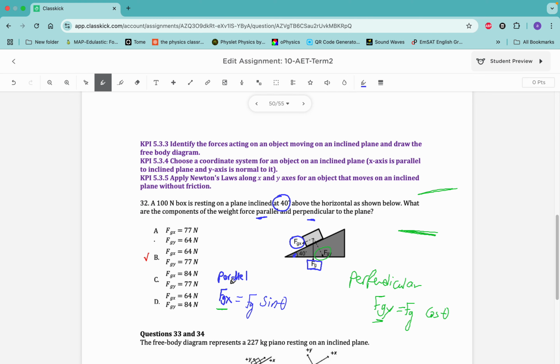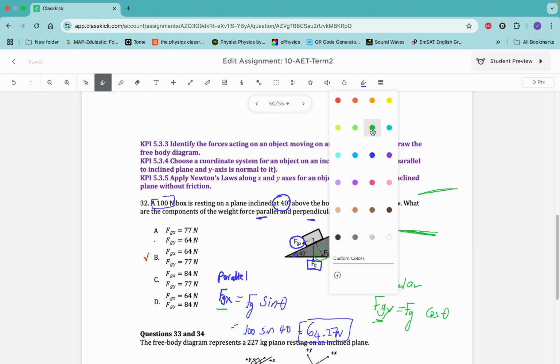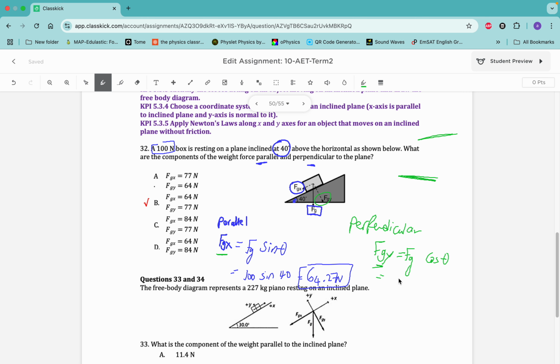To calculate the parallel component, which is x, Fg is 100 sine 40, which gives 64.27 Newton, while the perpendicular component is Fg cosine theta, so 100 cosine 40, which gives 76.6, almost 77 Newton.